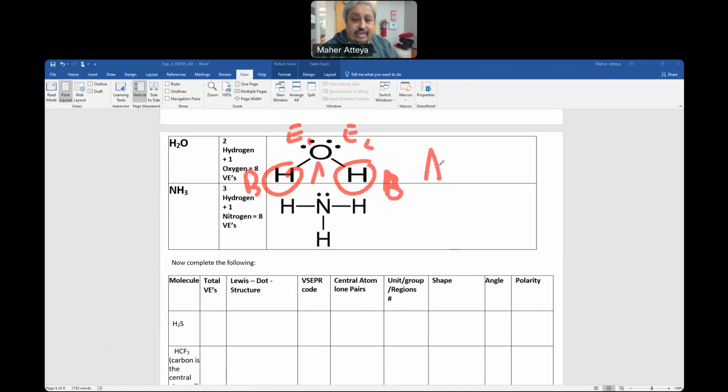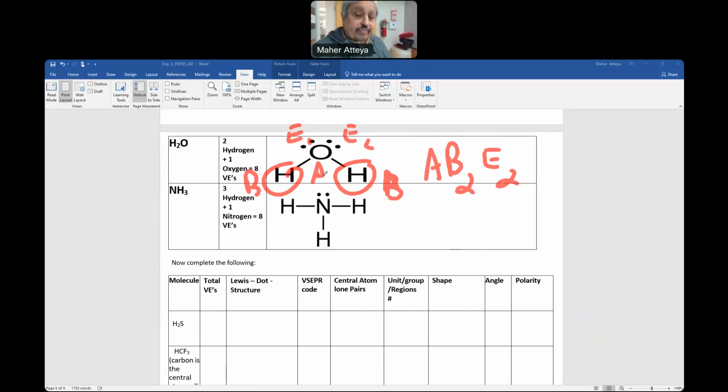So the code of this is AB2E2. We have two lone pairs, two terminals, and one central atom.